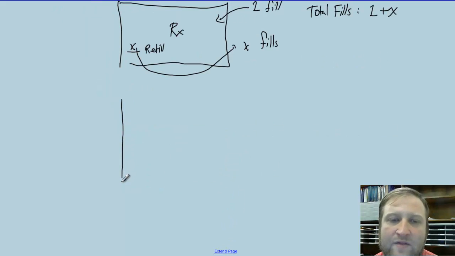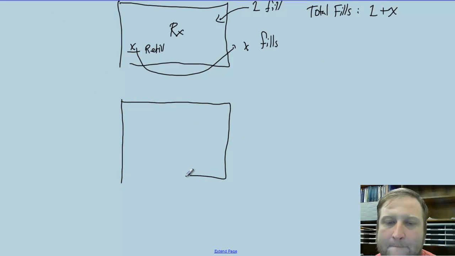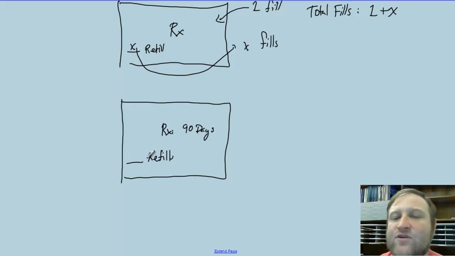So let's think about this. If we have an RX that's good for 90 days, so 1 RX is 90 days, how many refills should it have so it's good for 1 year?